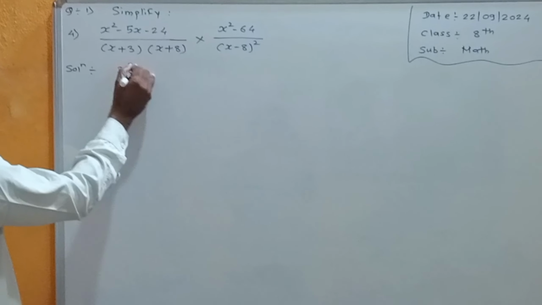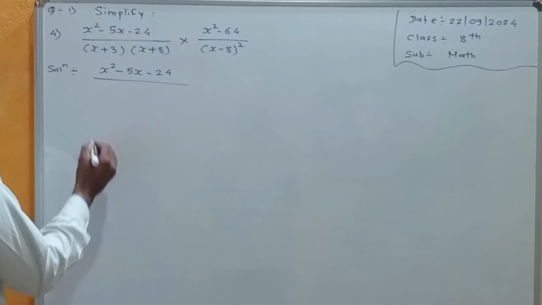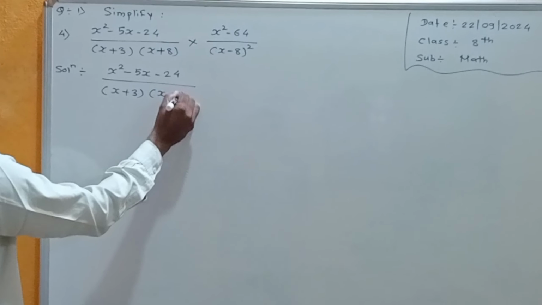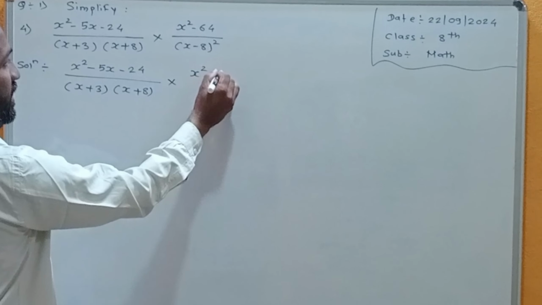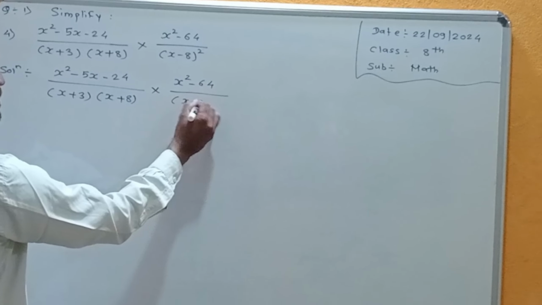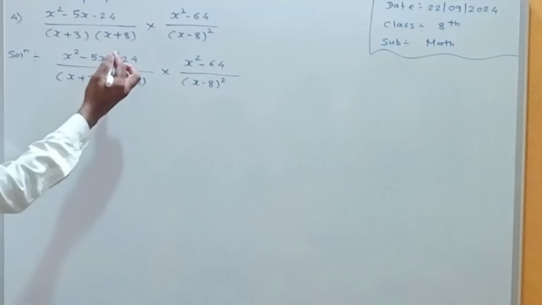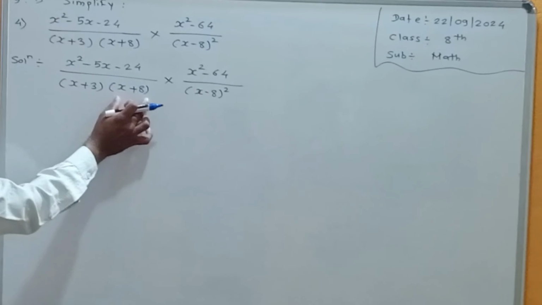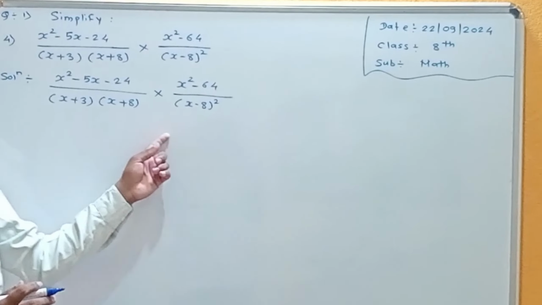First step is as it is: (x² − 5x − 24) divided by (x + 3)(x + 8) × (x² − 64)/(x − 8)². Now this is the factorized method, and this is the separate bracket into (x² − 64)/(x − 8)².